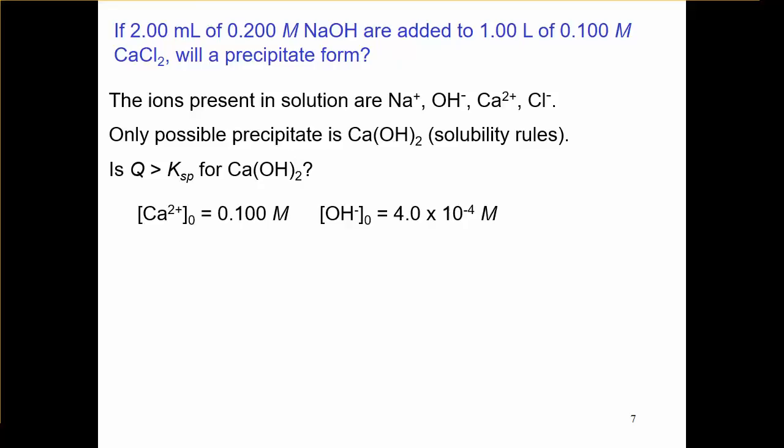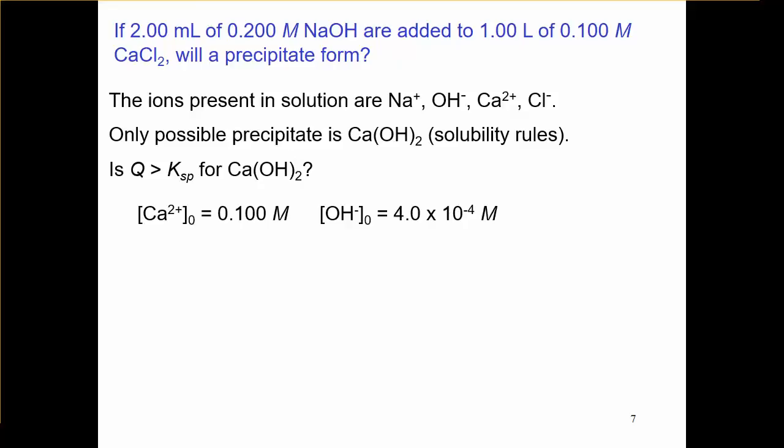Because if I add 2 milliliters of 0.2 molar sodium hydroxide to 1 liter of 0.1 molar calcium chloride, the 0.1 molar calcium chloride isn't really going to change volume very much. So that's why it just ends up being 0.1, because it rounds back to that. You change the volume to 1.002 liters, which isn't going to significantly change it.